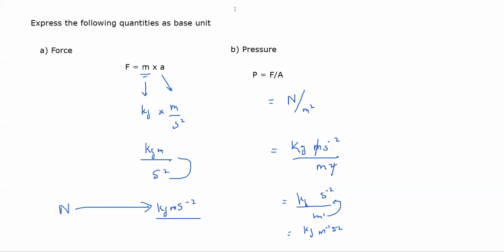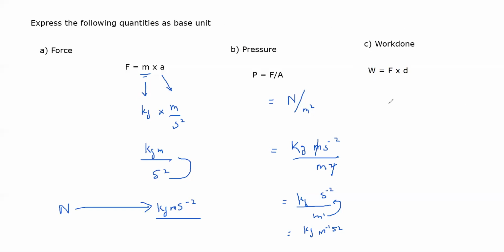Same way, if I say work done, actually its derived unit is joule. But what are the other units? So what is work done? We know work done is equal to force multiplied by distance.